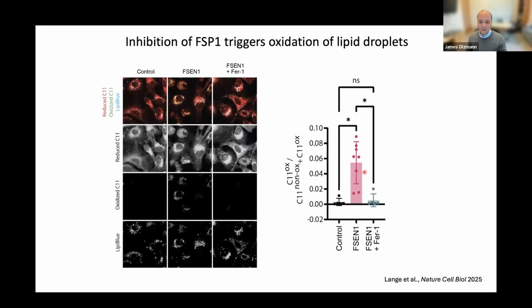And so we accumulate this oxidized lipid signal, and this could be blocked by known inhibitors of ferroptosis, radical-trapping antioxidants like Fer-1. So we could detect the accumulation of oxidized triacylglycerol in these cells, as well as their accumulation within lipid droplets using this indirect reporter.